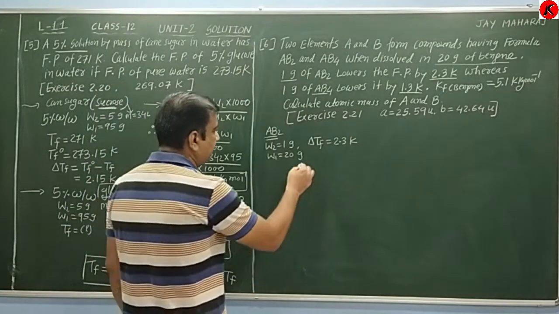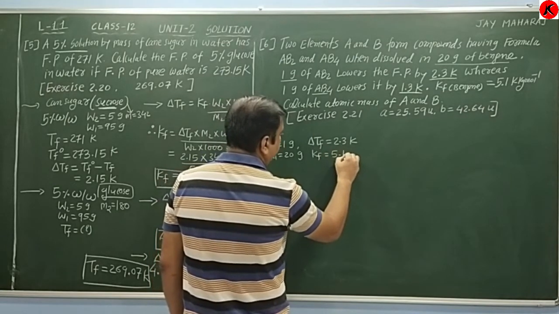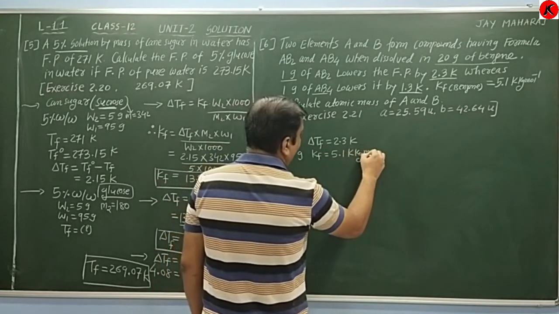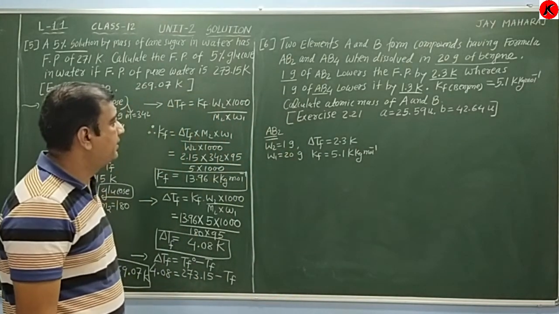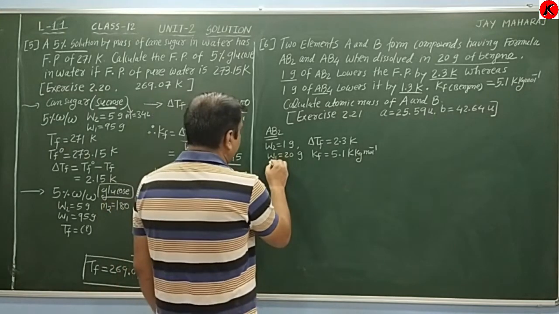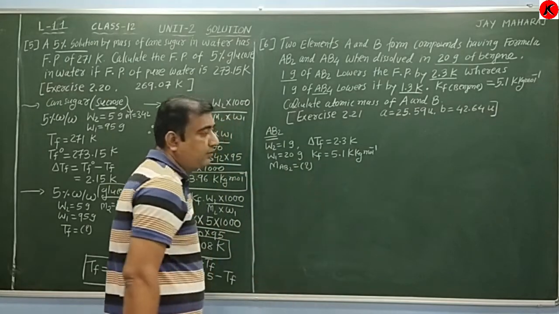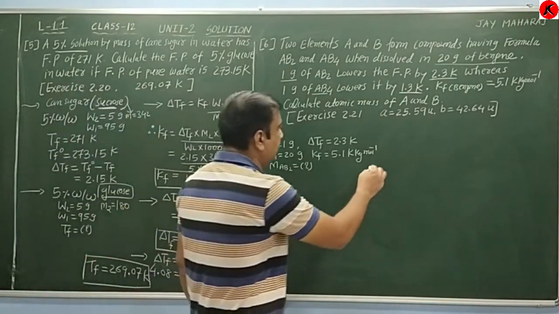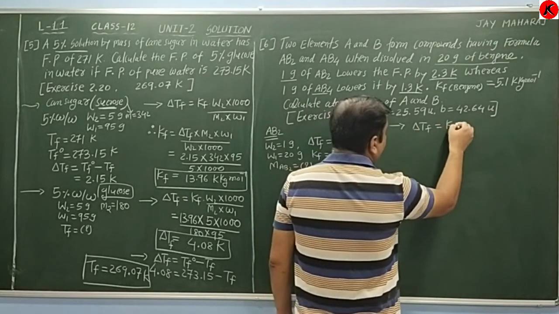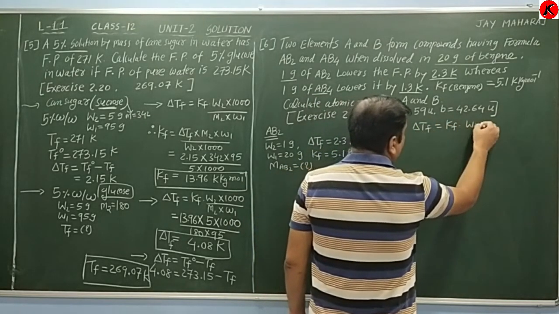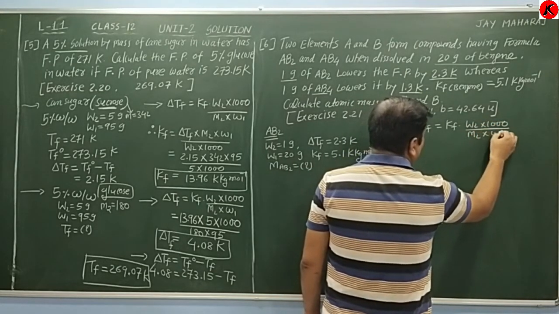Now KF is the same, so KF equal to 5.1 Kelvin kilogram mole inverse. M2, that means MAB2, we don't know. So first calculate the molar mass using the formula delta TF equal to KF into W2 into 1000 divided by M2 into W1.